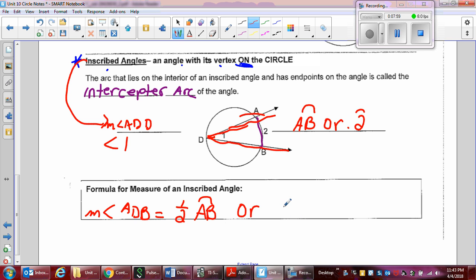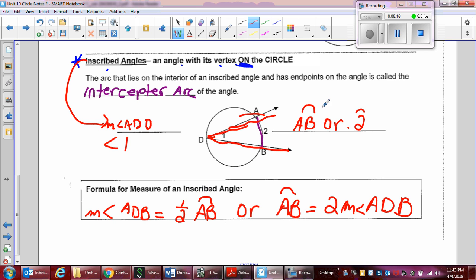Or if they give you the arc, the measure of arc AB is going to be 2 times the measure of angle ADB.